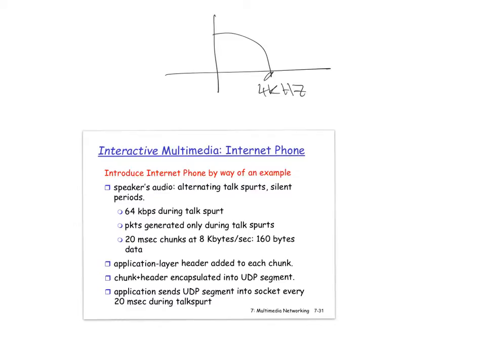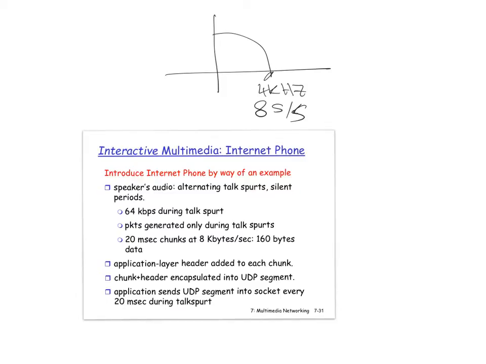Using the Nyquist theorem, you need to sample the voice signal using a sampling rate of how much? At least double, which is 8, so 8 thousand samples per second.